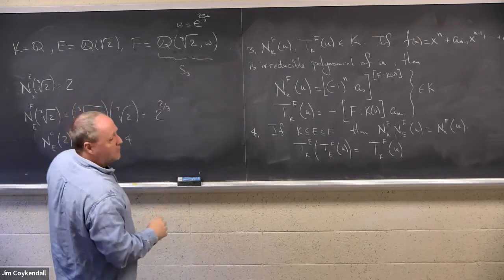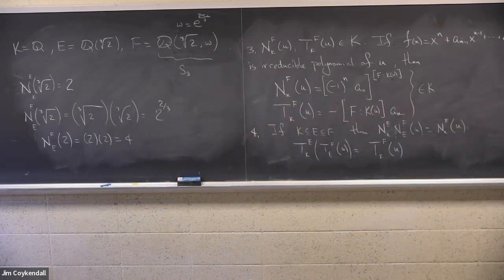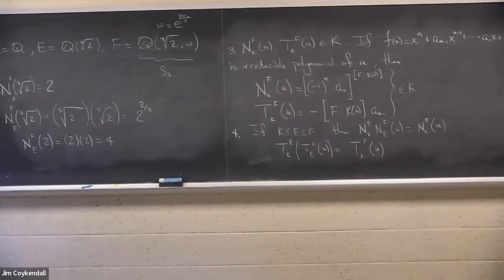So let's see what happens when you do the norm here. If you look at the norm from F to Q of the cube root of 2, notice there are 6 of these. Let me try to talk through it.